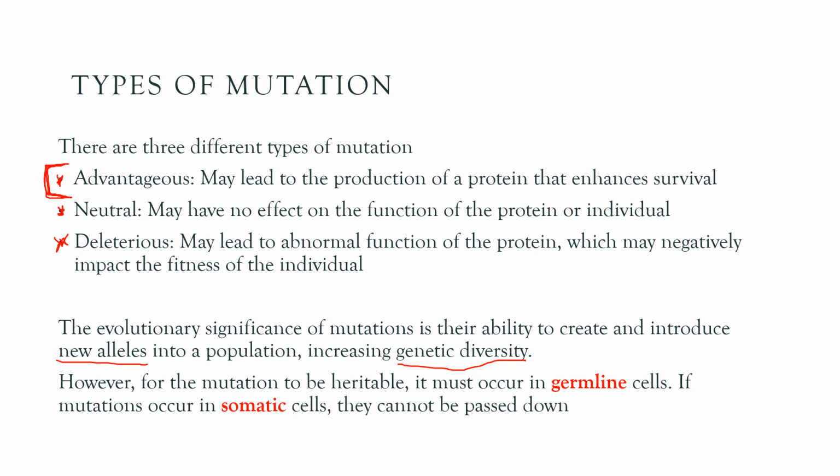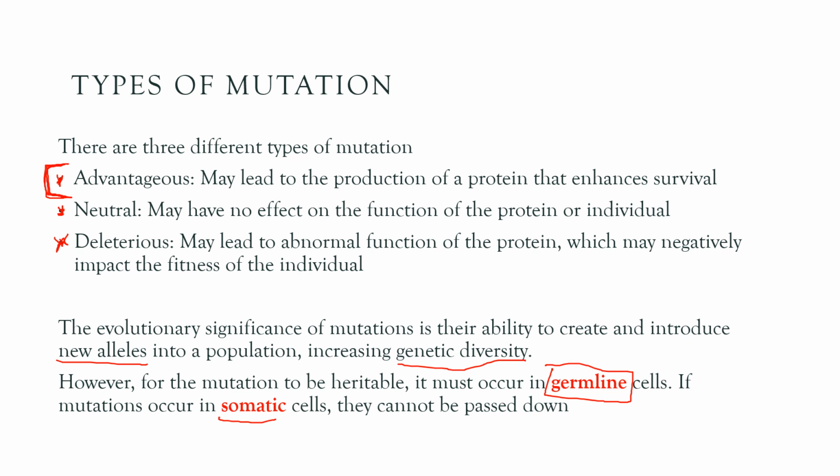It's also important to note that mutations happen all the time, but it's mutations in germline cells that are the important ones for evolution. So if we have a mutation in a somatic cell, which is just a normal body cell, that can't be inherited in the next generation, and therefore that mutation doesn't affect the offspring.